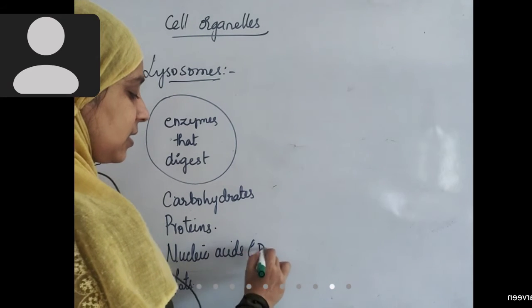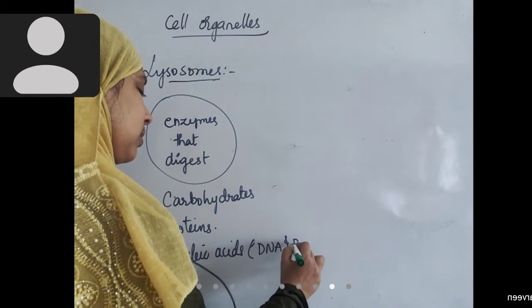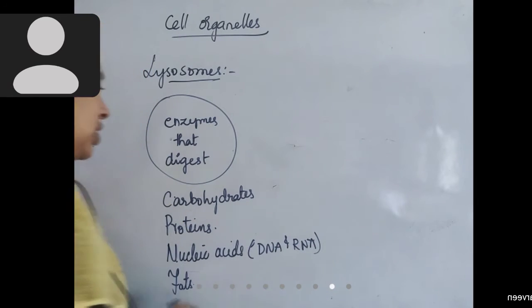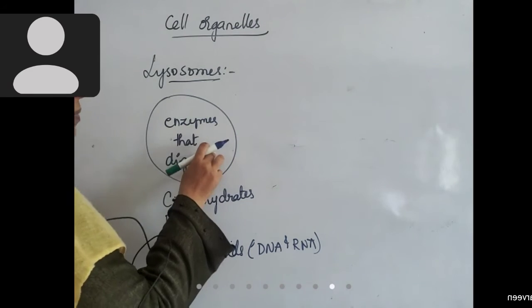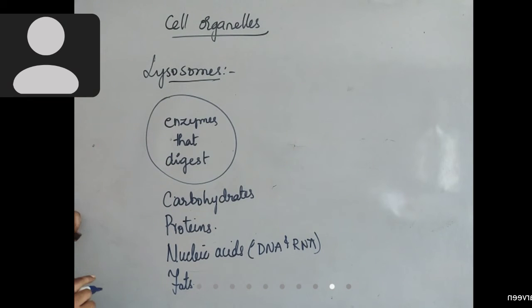Nucleic acids means DNA and RNA. All these substances are digested with the help of enzymes. Those enzymes are present inside this round structure called lysosomes.